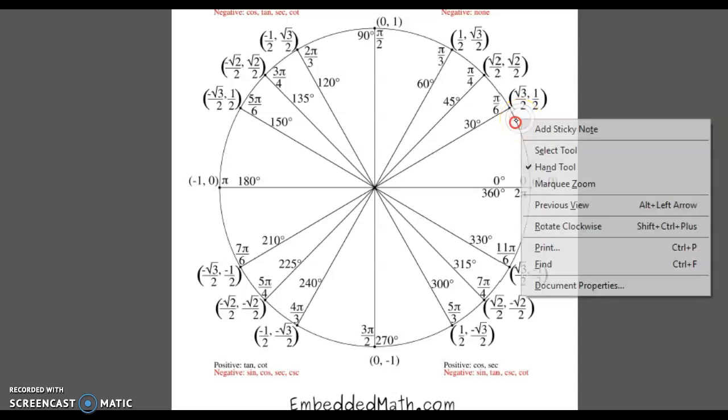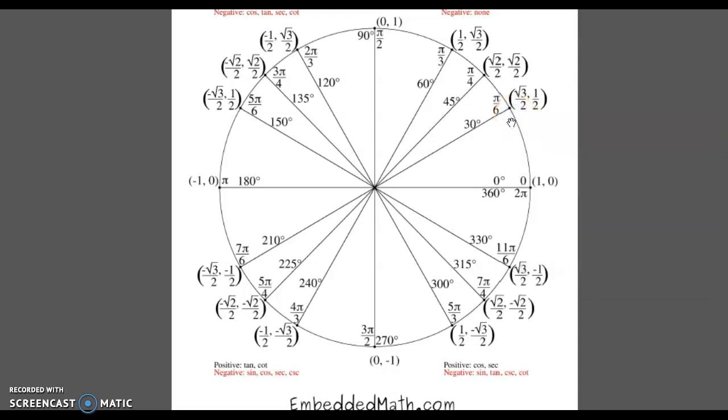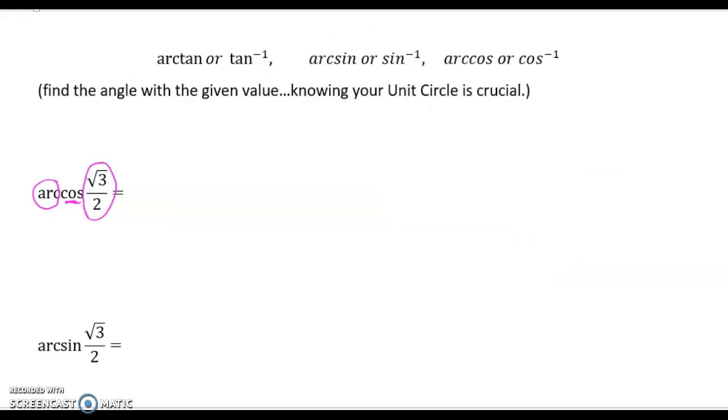That would be a 30, and the other one would be a 330, or I would prefer pi over 6 and 11 pi over 6. I always say, what angle has a cosine value of square root of 3 over 2.